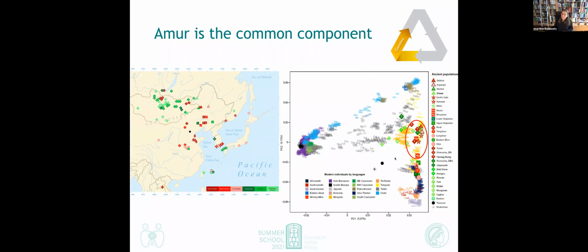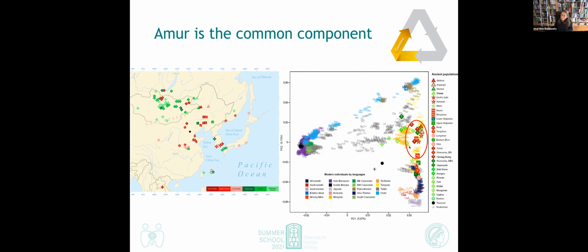They found that the very early hunter-gatherers of Northeast Asia, here marked in wine red, and the earliest farmers of the Westliao River region, here marked in red, and also the people from the Amur region here in pink, all plot on top of the present-day Tungusic speakers.